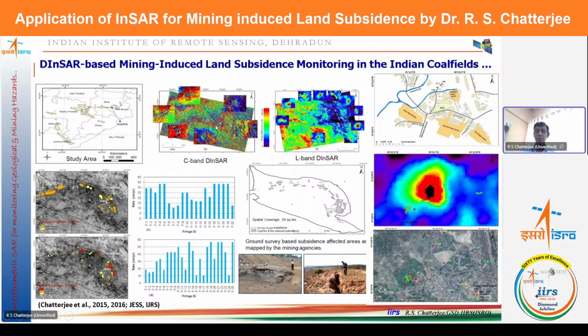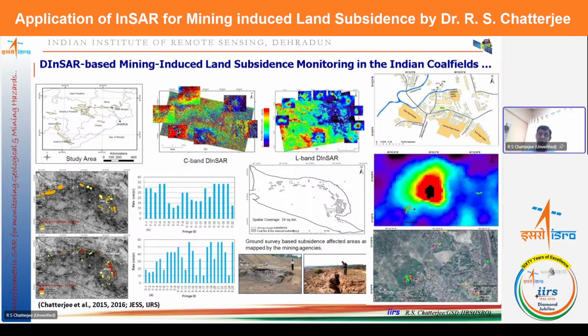See, we have used a multi-frequency approach. In the multi-frequency approach, we have used the shorter wavelength C band as well as the longer wavelength L band. And why is it important? Because when you use a shorter wavelength like X band and C band, because its wavelength is small, it is very sensitive to slow subsidence. So even if the subsidence rate is very slow, it is very easy to detect.